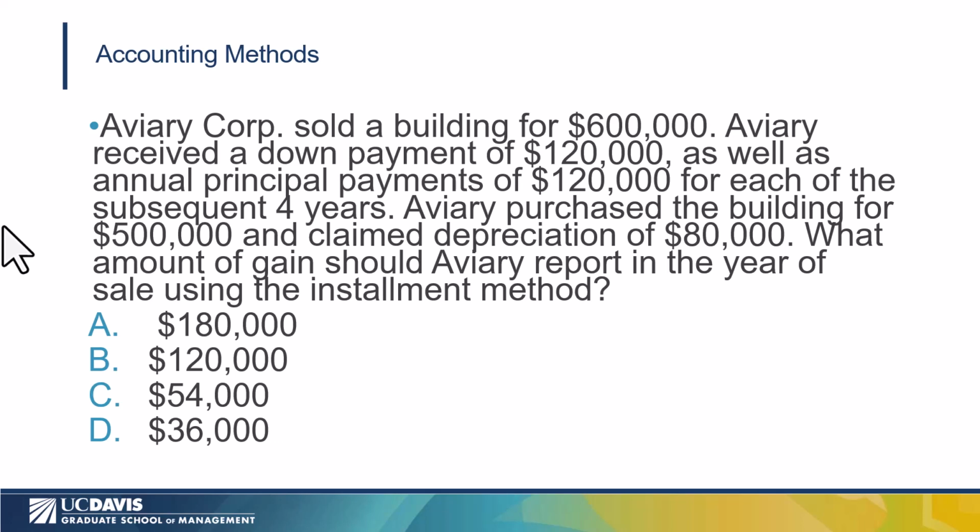So it looks like we're going to receive 120,000 in the first year, the year of sale. So 120,000 times 30% is 36,000. So the gain we would recognize in the year of sale is 36,000.